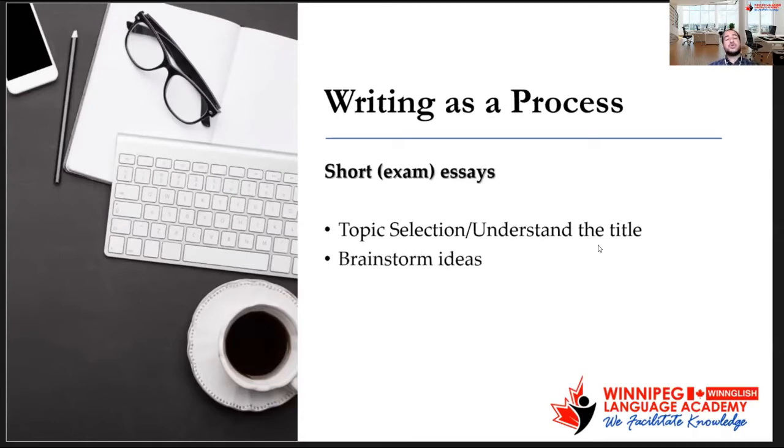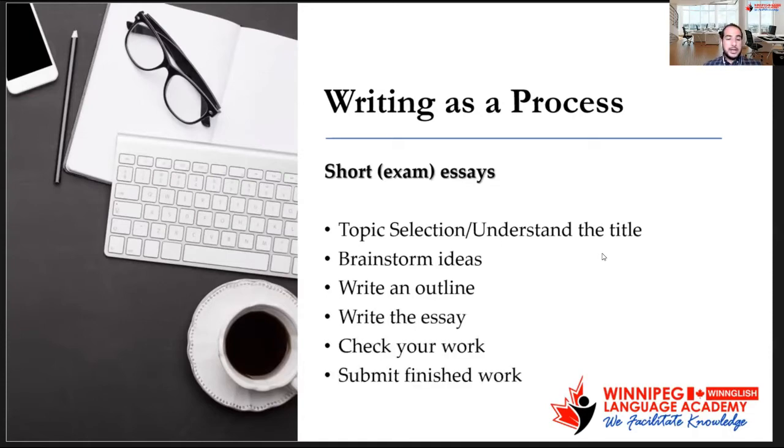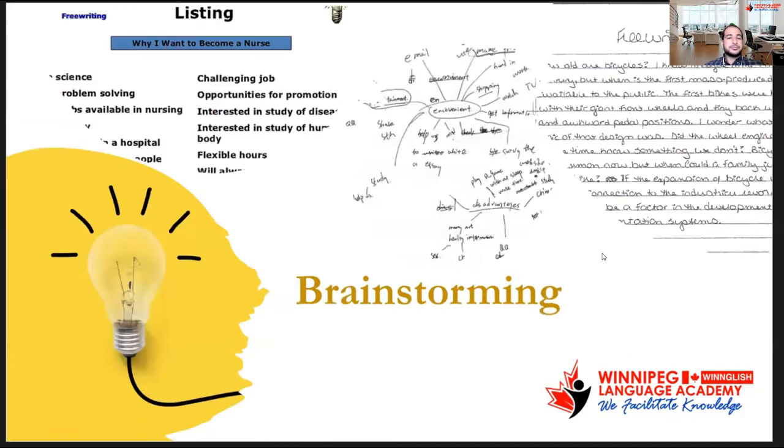Stage 2, you brainstorm ideas, then you write the outline. Moving on, you go to writing the essay. So you start your first draft, and then you review and revise. Reviewing is for the ideas, revising is for the grammar and punctuation and structure. Then you submit the work you've done.